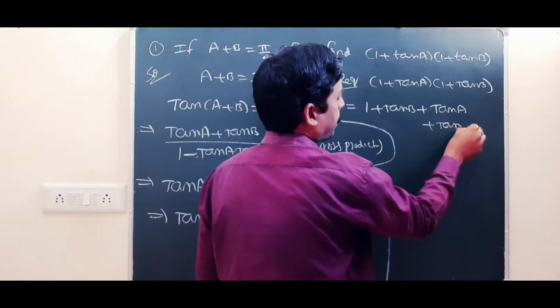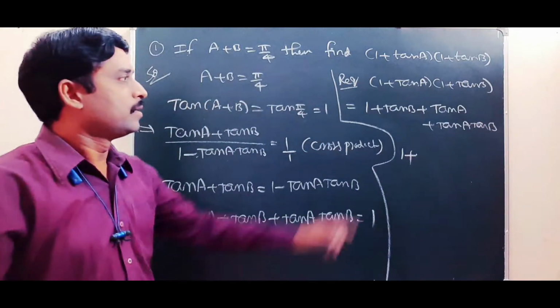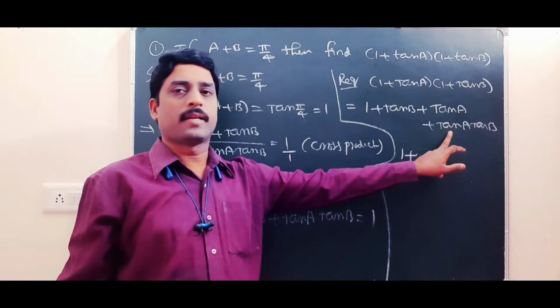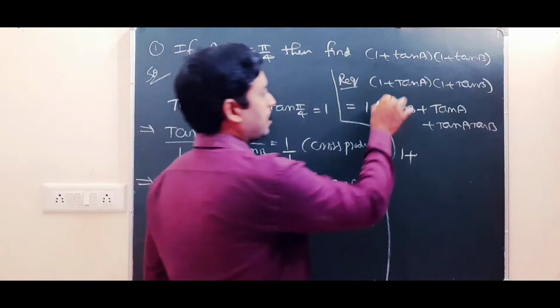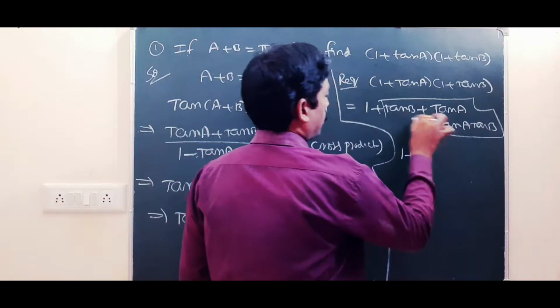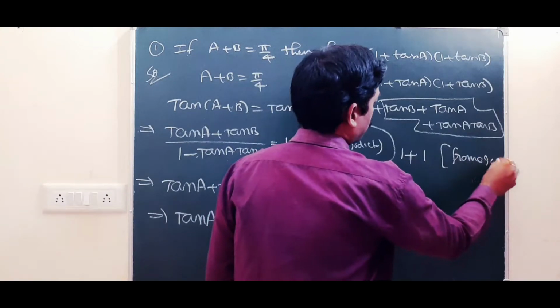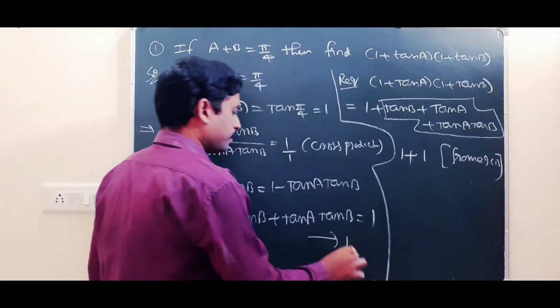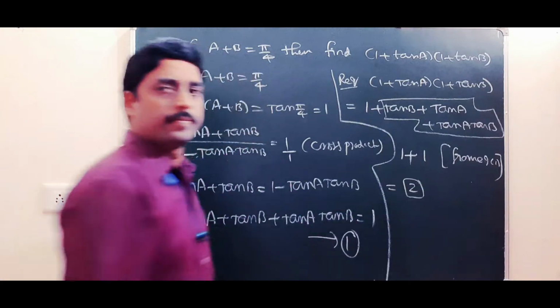Okay, it is going to be 1 plus tan b plus tan a plus tan a tan b. We have got this value as 1 from equation 1. Okay, so what is the answer? So 1 plus 1 is equal to 2.